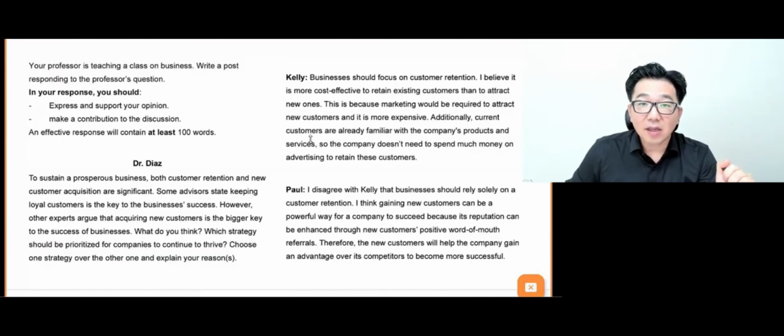And on the right, we get to actually see two answers from two other students. So the logic of this question is that there is a question, and this is a notice board, and you are adding your own opinion on this notice board.